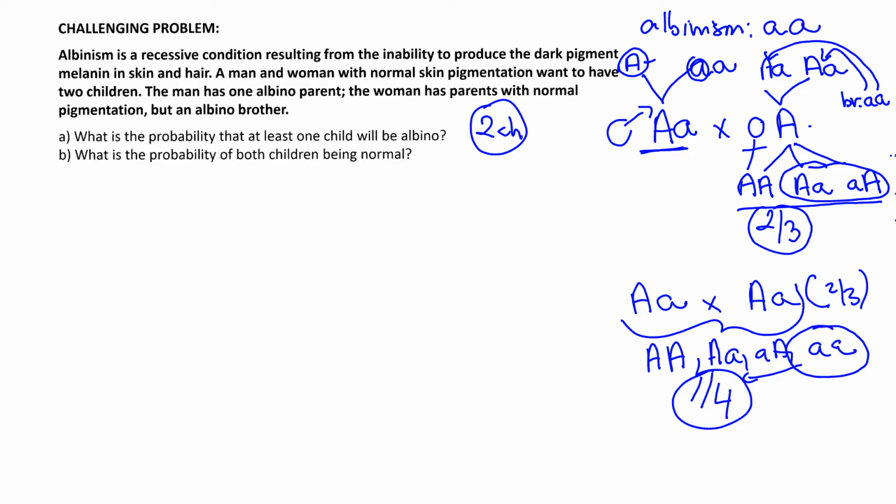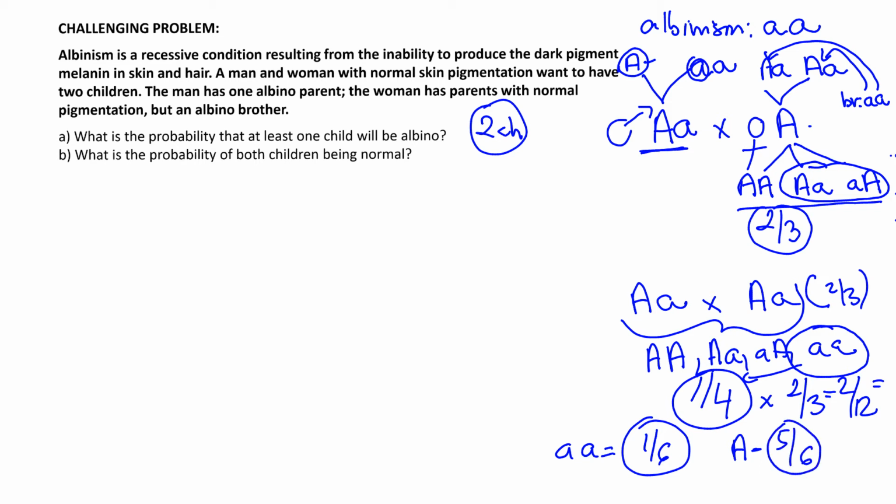So you have to multiply these two probabilities in order to get the final probability of the child being albino, which is 2/12, equaling 1/6. So 1/6 is the probability that a child will be albino, which means that the probability of having normal skin pigmentation is 5/6.